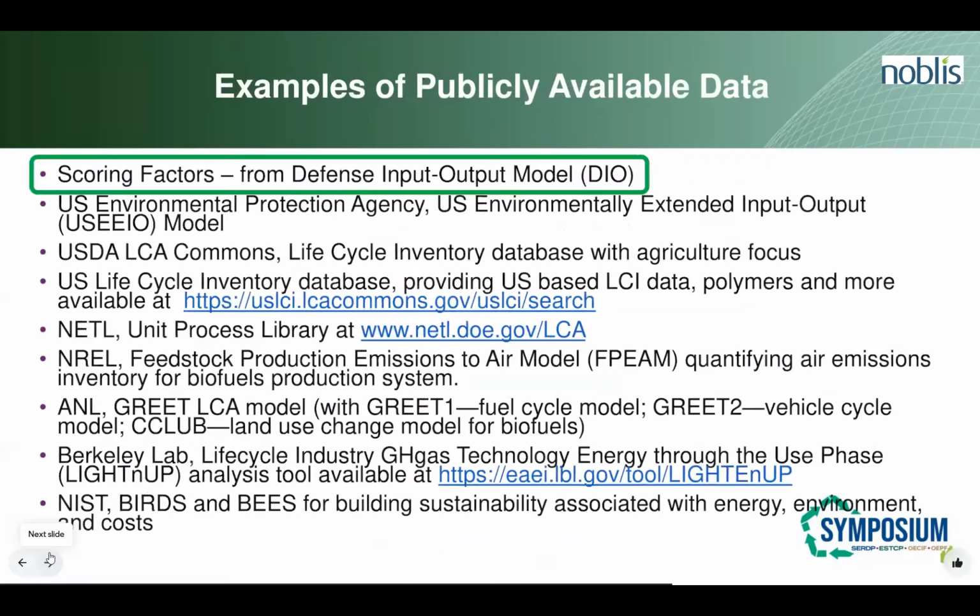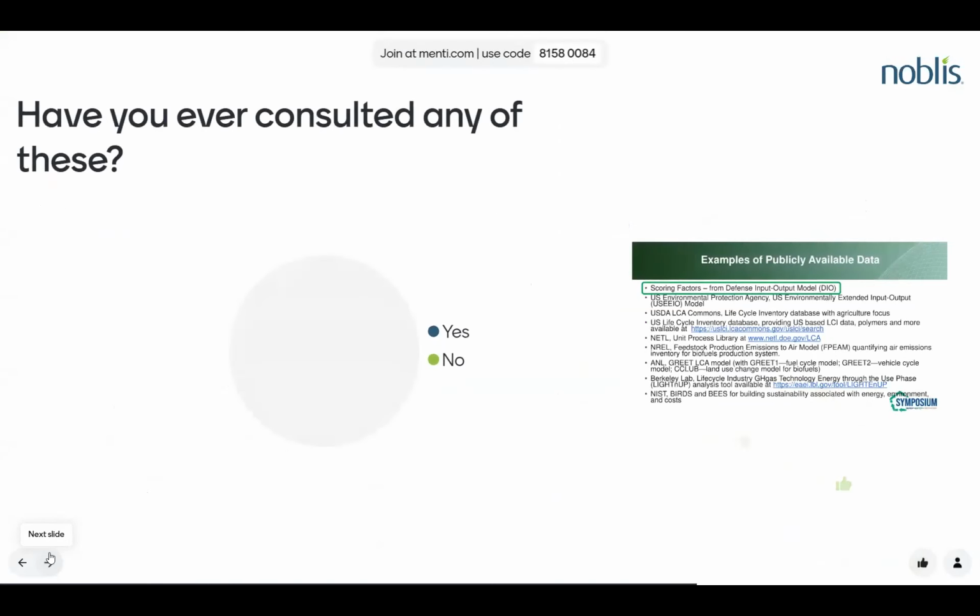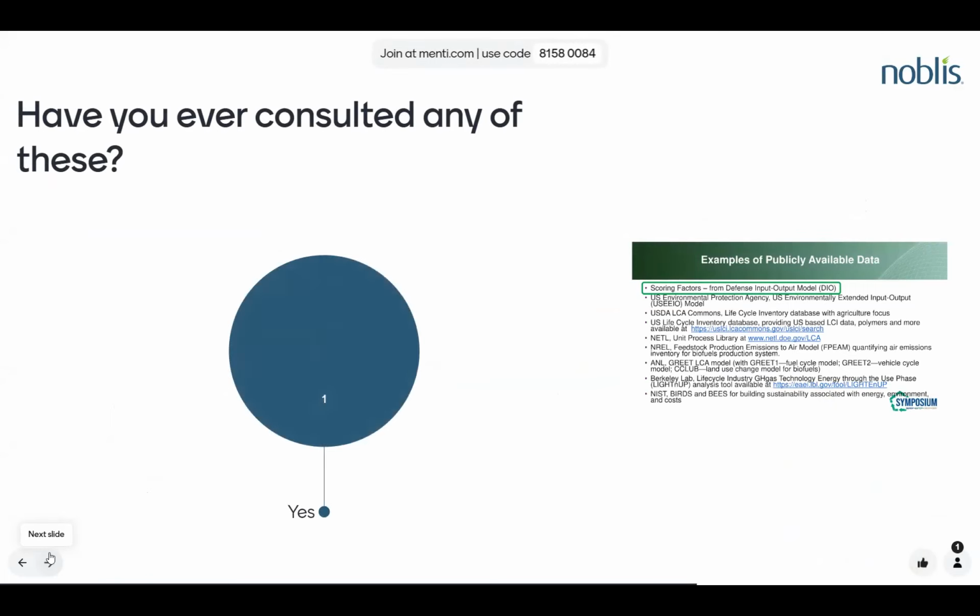One picture, okay. So data is available. Again, you can read this at your leisure. And we just want to know, has anybody looked at any of these? So these are things like the scoring factors that we'll talk about later, the EPA IO models, the UCIO model, data from Argonne or NETL or NREL, et cetera.